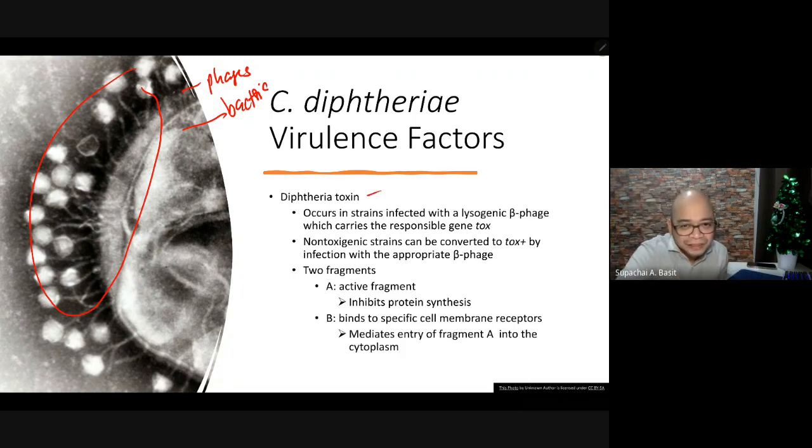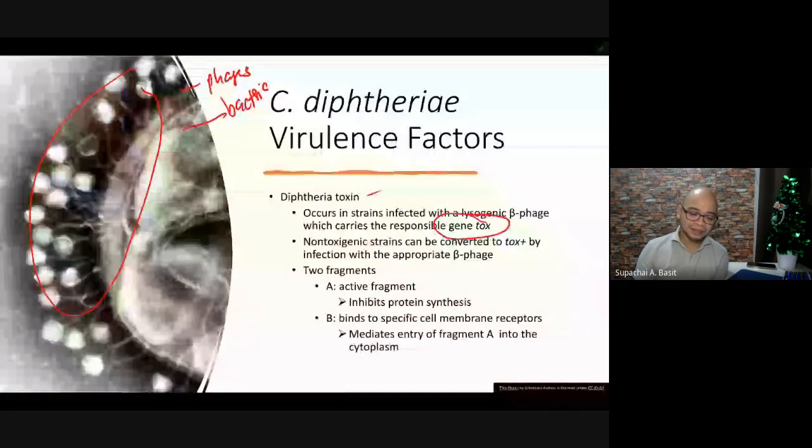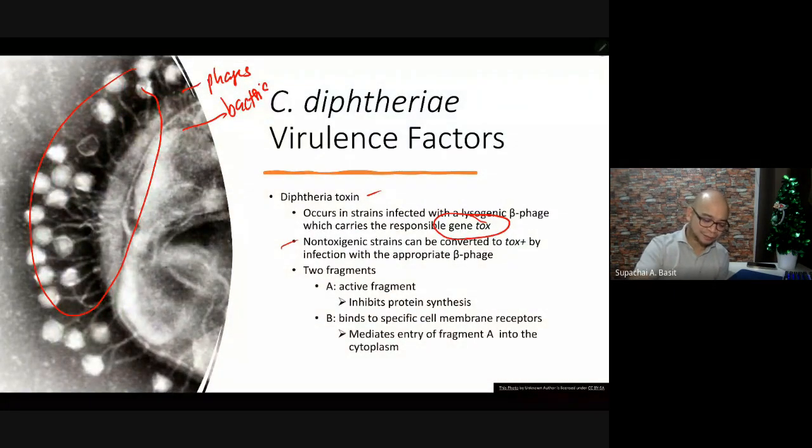It occurs in strains infected with lysogenic beta bacteriophage, which carries the gene responsible for the toxin. Non-toxigenic strains can be converted to tox-positive whenever they are infected with the appropriate bacteriophage.